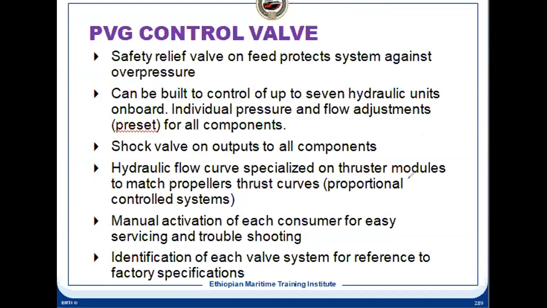And manual activation, it means any consumer can also be activated manually, not only by control, because control can fail, then manually you'll have to operate. And identification of each valve reference, it means each valve has to be marked properly so that you know which valve is for what. Otherwise, in case of emergency, you'll be looking around.